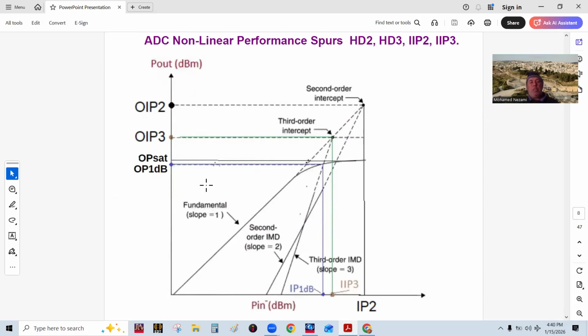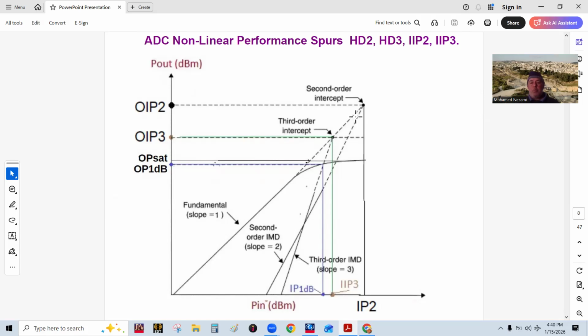So one of the things that we define is we can record the second order intermod and the third order intermod powers, okay? And if you plot them, at some point when you get completely saturated, you can go back to the third order intermod and the second order intermod and draw a straight line, and that straight line will actually intercept the P in versus P out, the transfer function of the whole system.